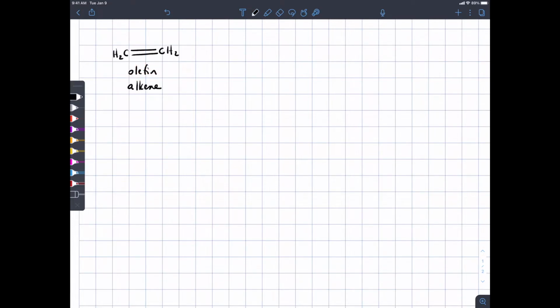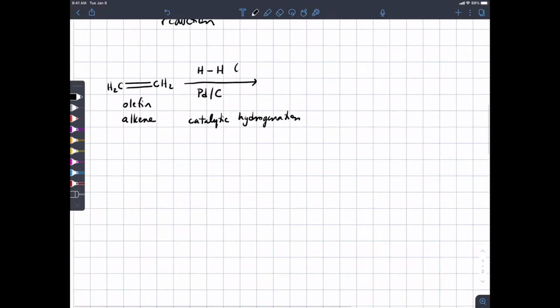Chemical engineers typically call these things olefins. In any case, you can reduce this alkene or olefin through a process called catalytic hydrogenation. So you use hydrogen, which is a gas, and what that does is it reduces the alkene or the olefin all the way to the alkane.